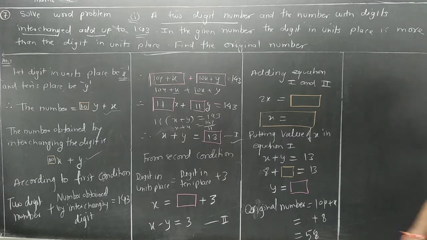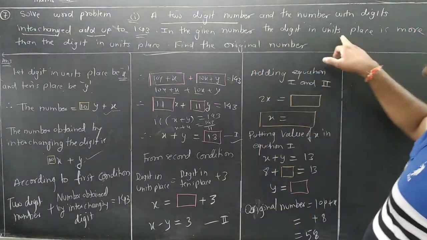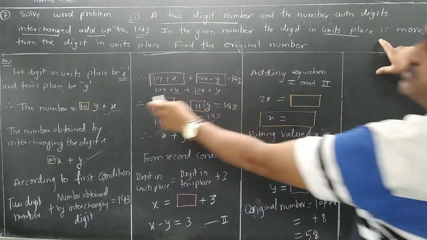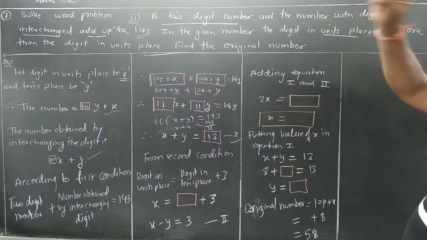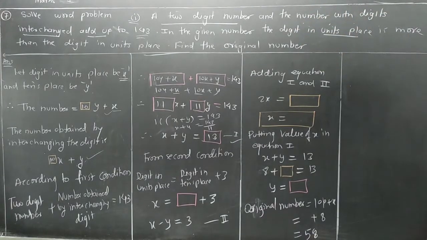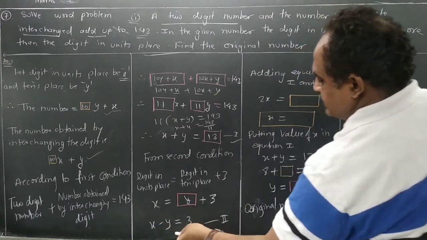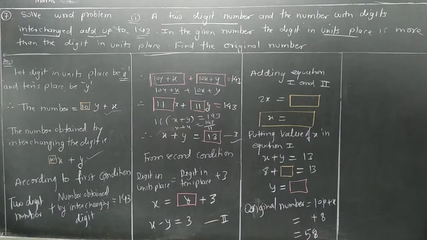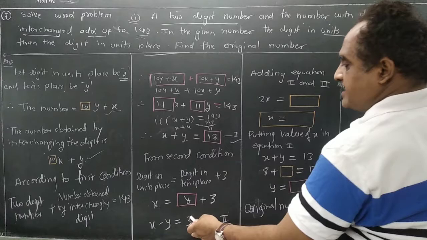Now the second condition is: in a two-digit number, the digit in units place is 3 more than the digit in tens place. Means x is equal to y plus 3, so x minus y is equal to 3. This is equation 2. Now just see the equations: x plus y is equal to 13, x minus y is equal to 3.